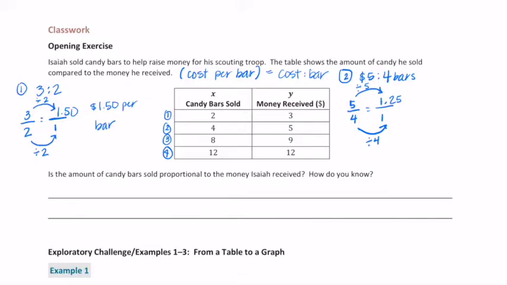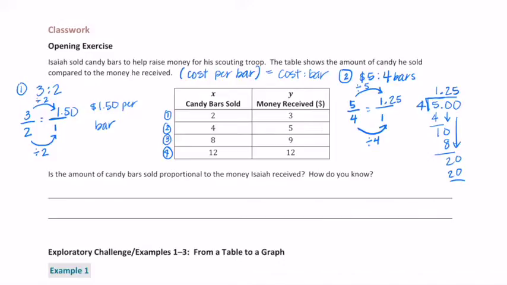If you're not sure how I got that, I'll work it off to the side. I divide $5 by 4, adding some extra zeros and a decimal. 4 goes into 5 one time. 4 goes into 10 two times. Of course, we put in our decimal. That gives me 8, bring down that 0, and it's $1.25.